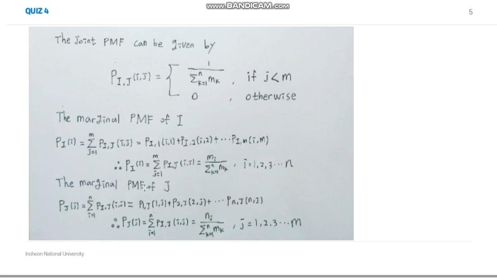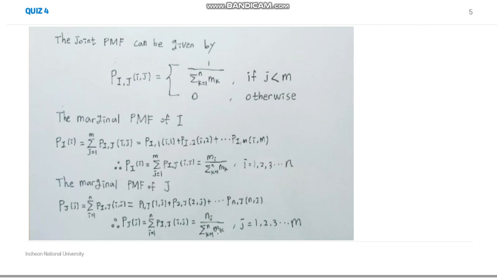Okay, and next is the marginal PMF of J, and we can write here P_J(j), which is the sum over i from 1 to n of P_{I,J}(i, j). It means we sum this P_{I,J}(i, j) and substitute small i from 1 to n, and the result of the sum is right here: n_j over the sum over k from 1 to n of m_k.